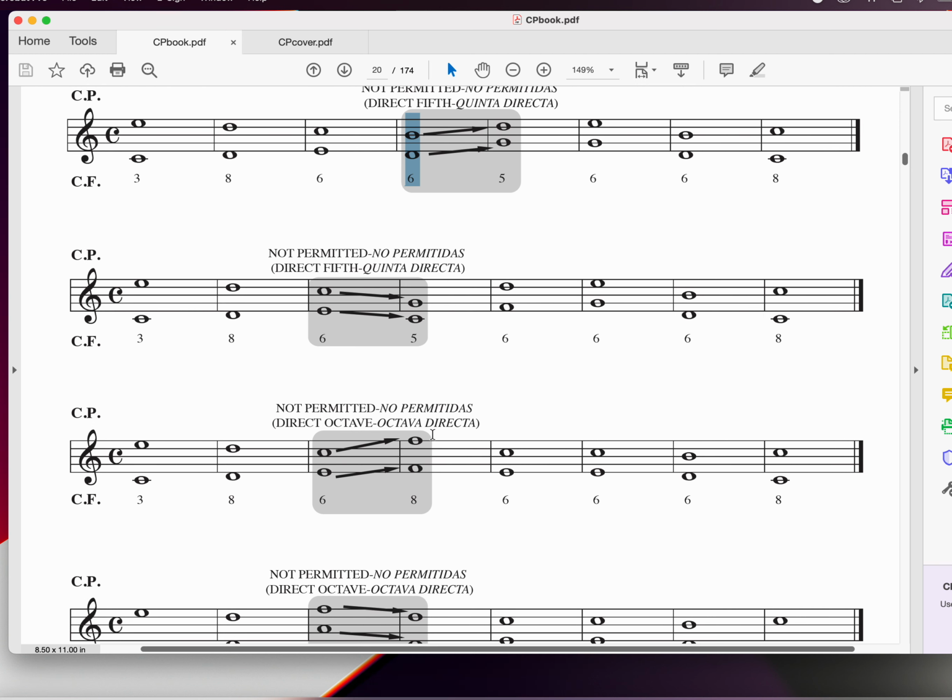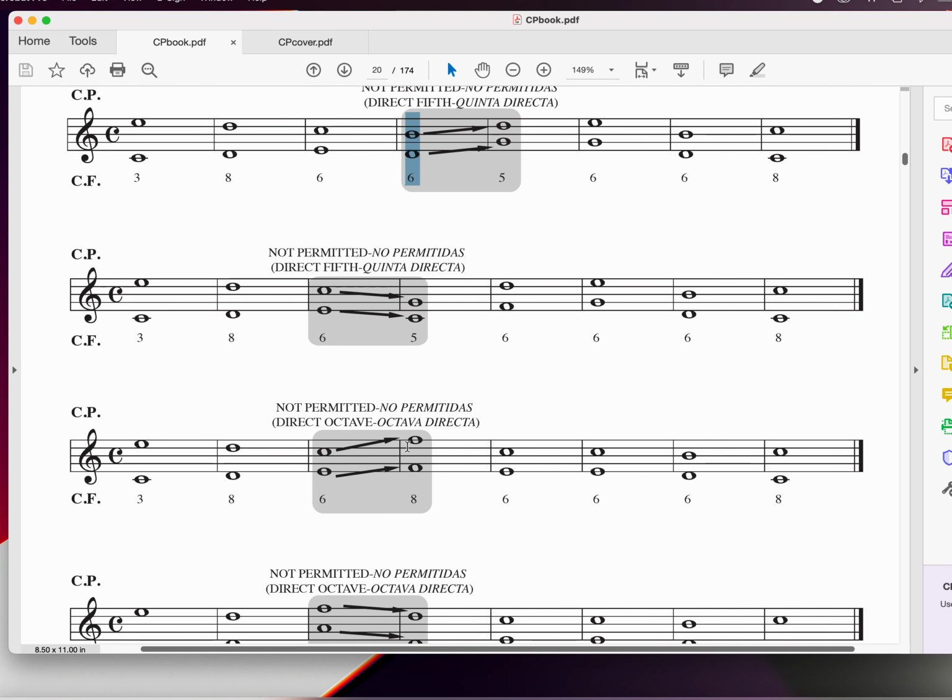If it goes to a fifth, or if it goes in the same direction or parallel to an octave, it doesn't have to be like two consecutive octaves. So if you go to an octave or a fifth, jumping or leaping, especially the top note, the bottom one is not that important, but the top note has the same effect as the parallel octaves.